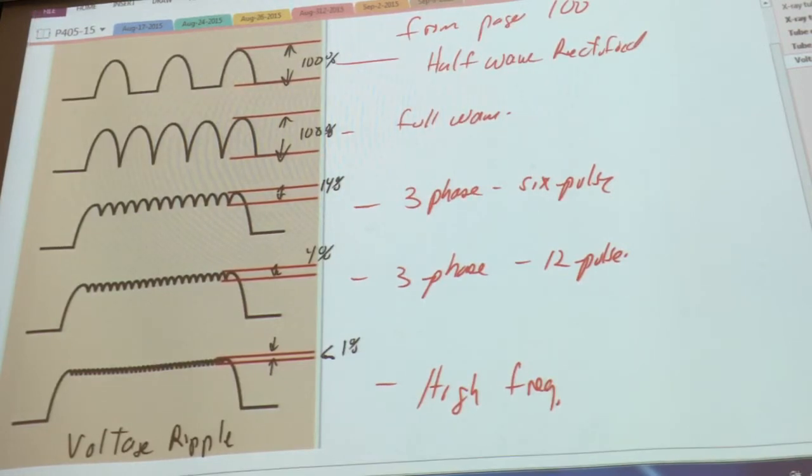All right. So if we were to describe the effect of rectification on the X-rays, how can we explain that? It's an interesting one.